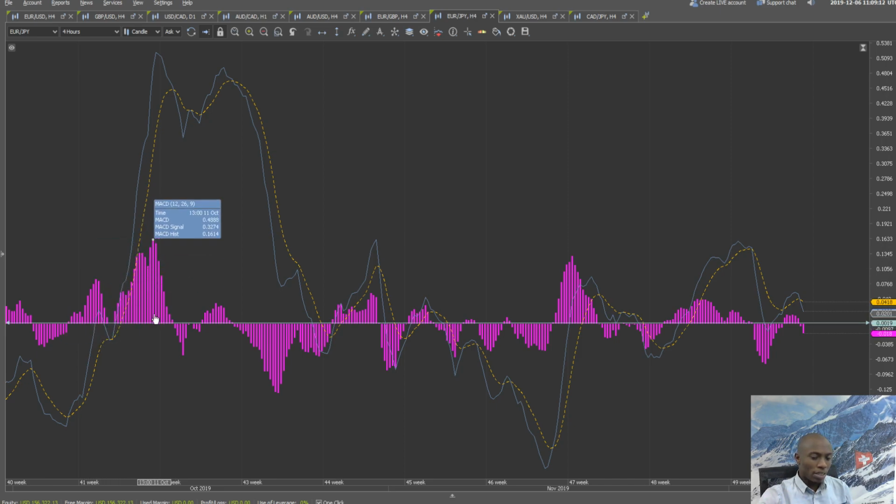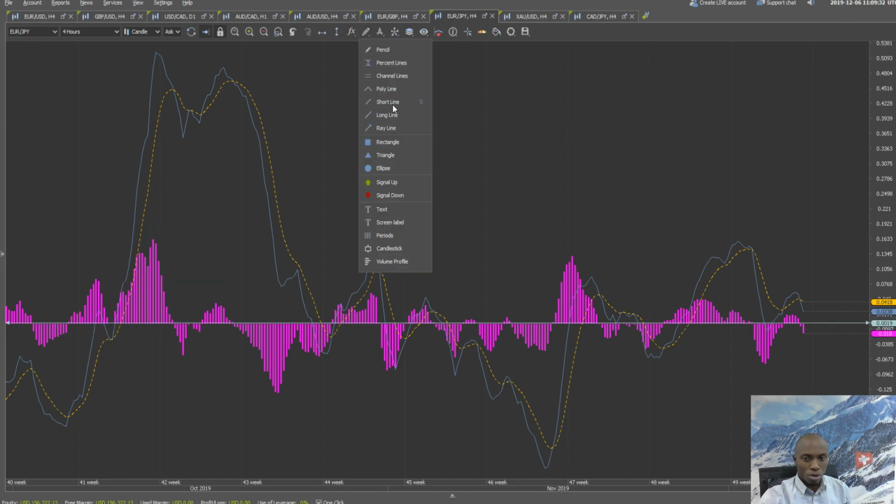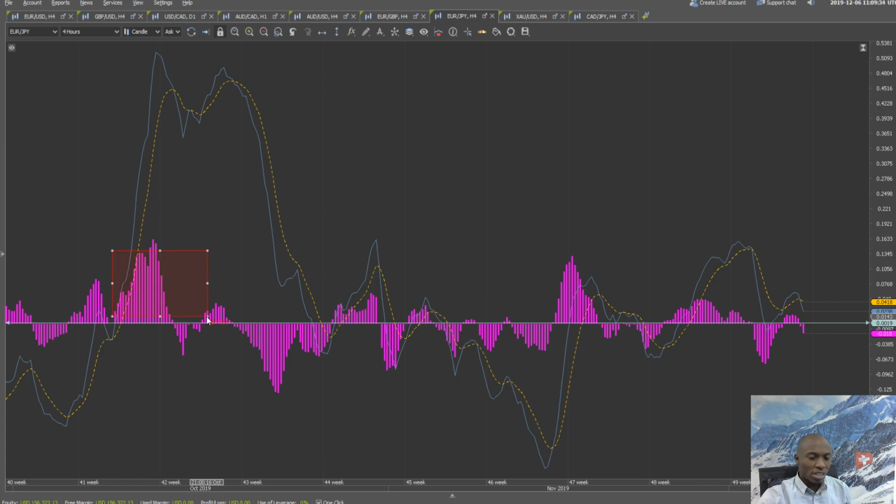The upper part is the bullish. When the histogram is above the 0, then you know that the currency pair which you are looking at is bullish, and you know that it has momentum, like this zone which you are looking at right now. We see that this Euro JPY was having a bullish momentum at the beginning of October.